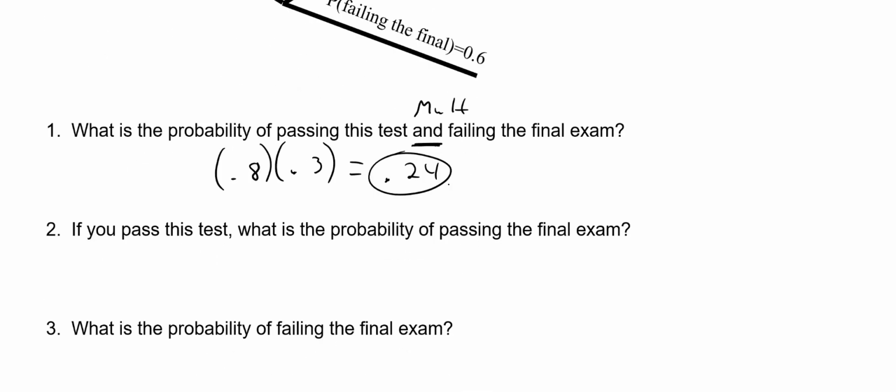That's the answer to that. Now you could have used our conditional probability. So it says if you pass the test, that's given. So look at it this way: probability of passing the final, given that you pass the test.